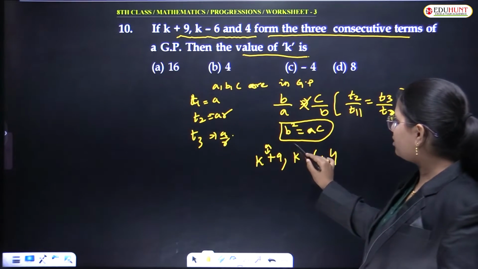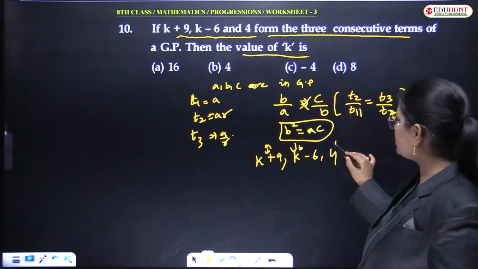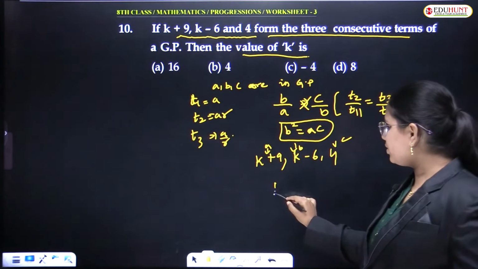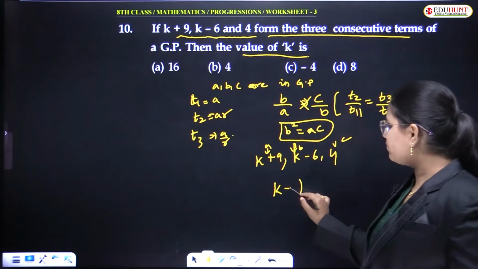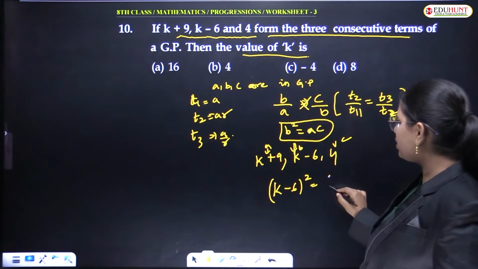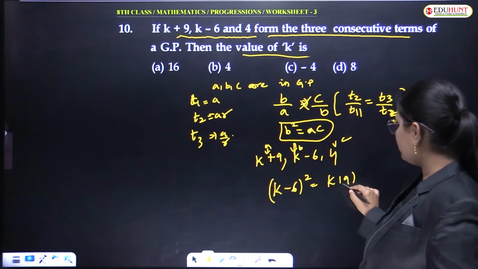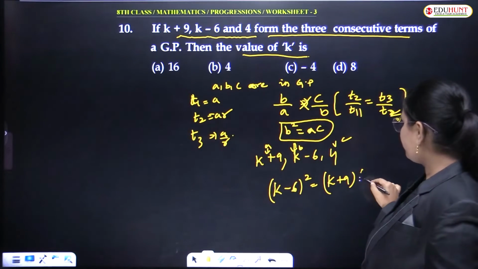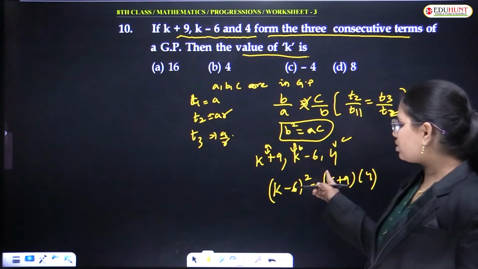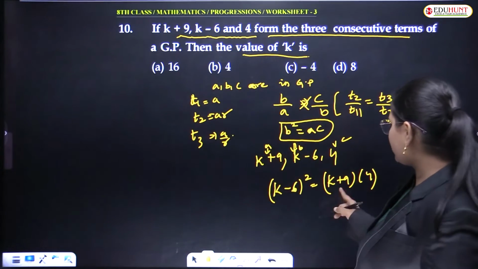If this is A, this is B, this is C, then B square is equal to AC. So k minus 6 whole square is equal to k plus 9 into 4.